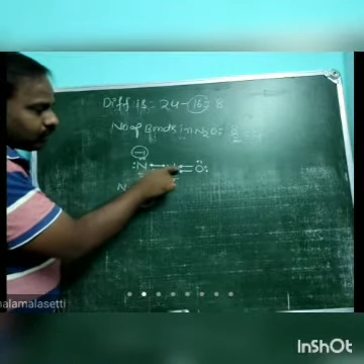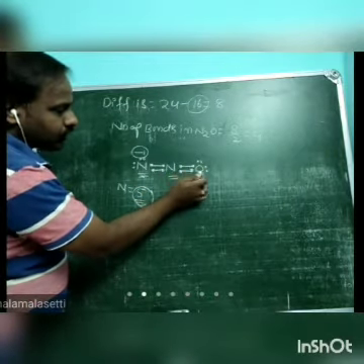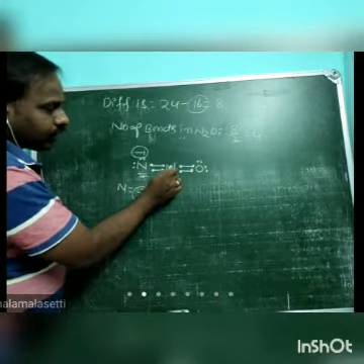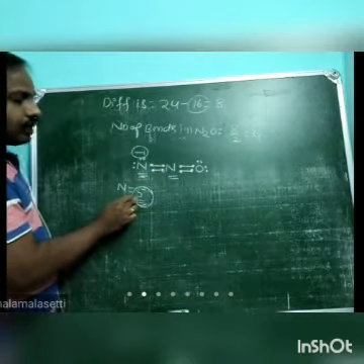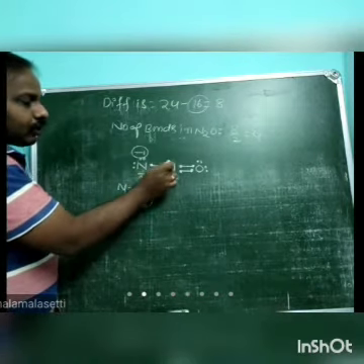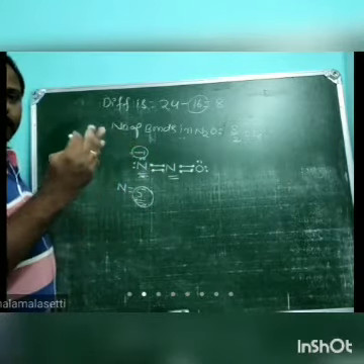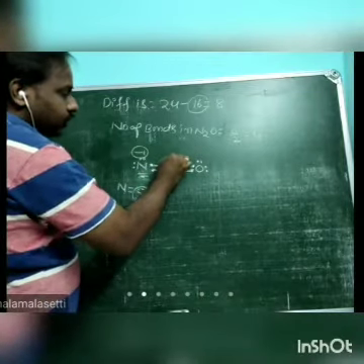So here 2 electrons are there, here 2 electrons are there. This electron and these 2 electrons belong to oxygen. Here nitrogen donated electrons 1, 2, 3, 4. So the valency of nitrogen is 5, but in this bond formation, it has only 4 electrons. It means that it loses 1 electron. Then its charge is plus 1.